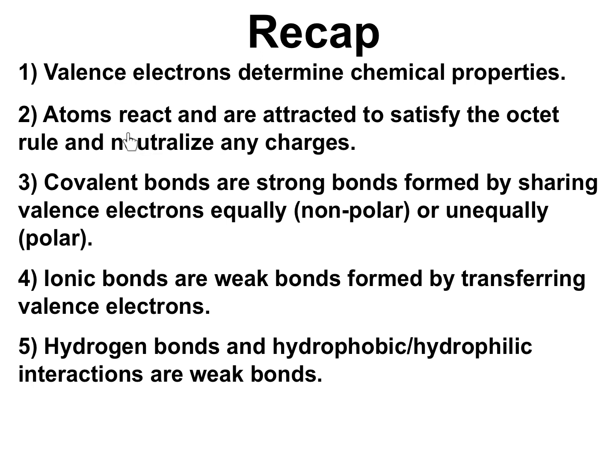And atoms do chemical reactions and attract to each other to get an octet or 8 valence electrons, or to place a positive charge next to a negative charge and neutralize those charges. When atoms share valence electrons, this is called a covalent bond, and covalent bonds are strong. In contrast, the transfer of valence electrons creates a relatively weak ionic bond. And other weak types of chemical bonds are hydrogen bonds and hydrophobic or hydrophilic interactions.